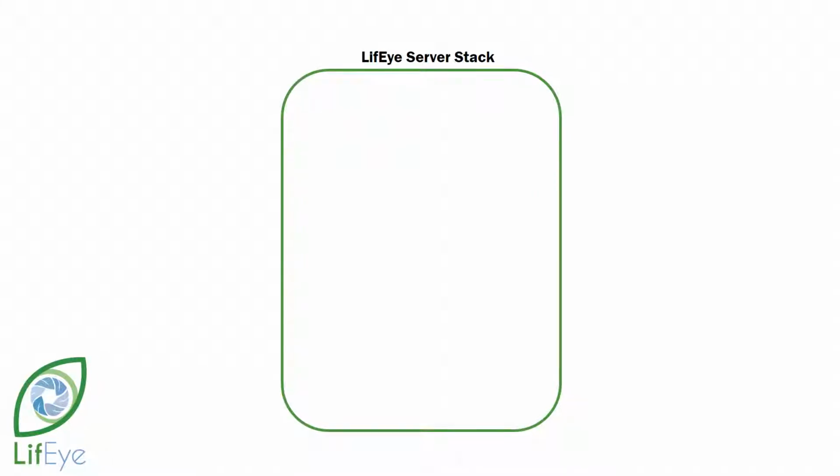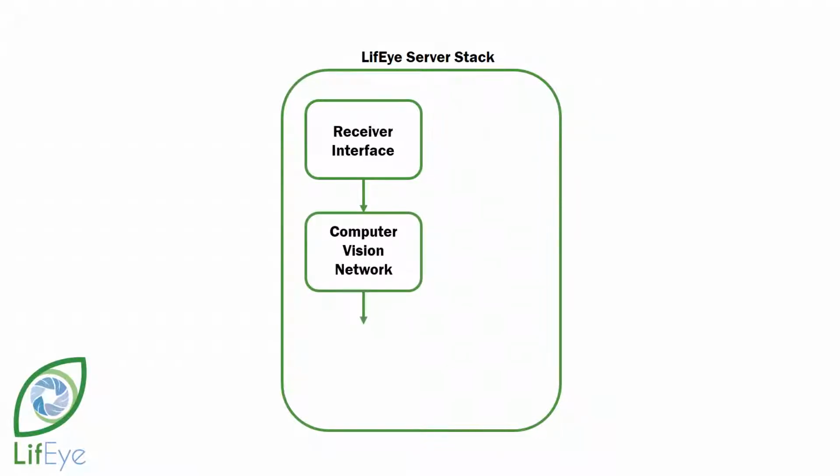The LifEye server stack consists of four main parts: the receiver interface, the computer vision network, the eye tracking algorithm, and the storage repository. The receiver interface sets up a communication service and handles the type of data sent to the server. The computer vision network will take the received data and isolate regions of interest necessary for the eye tracking algorithm.